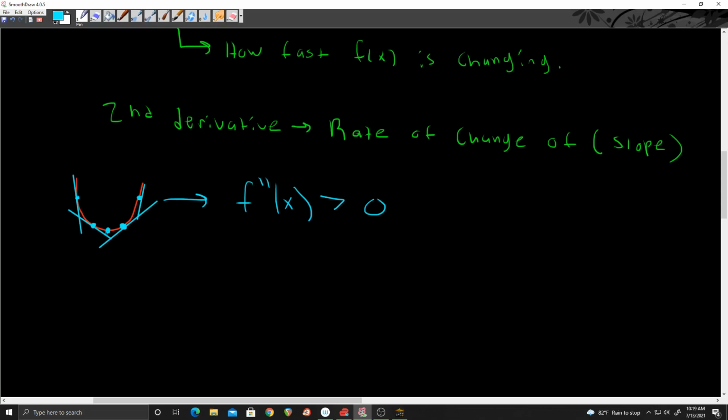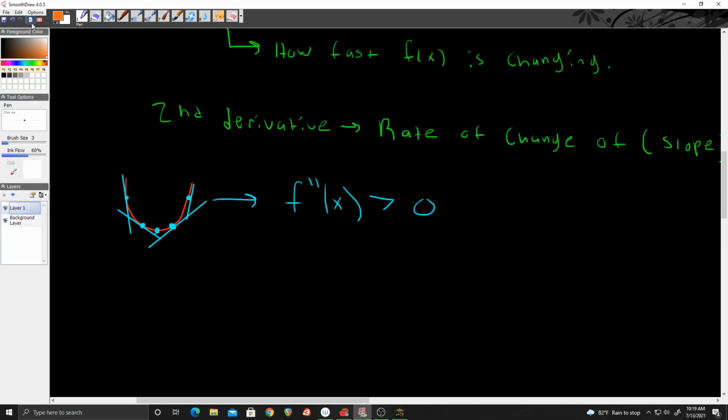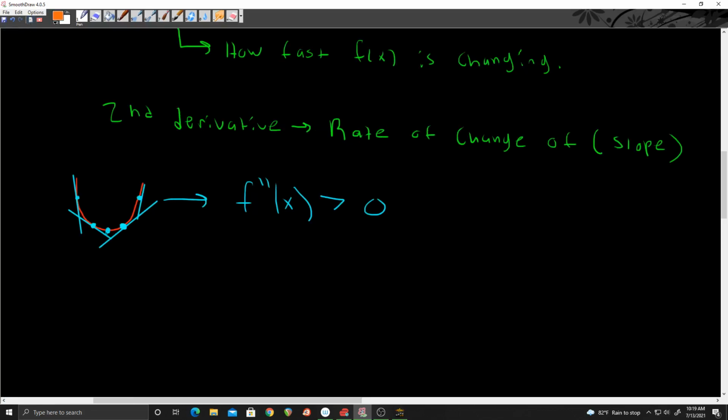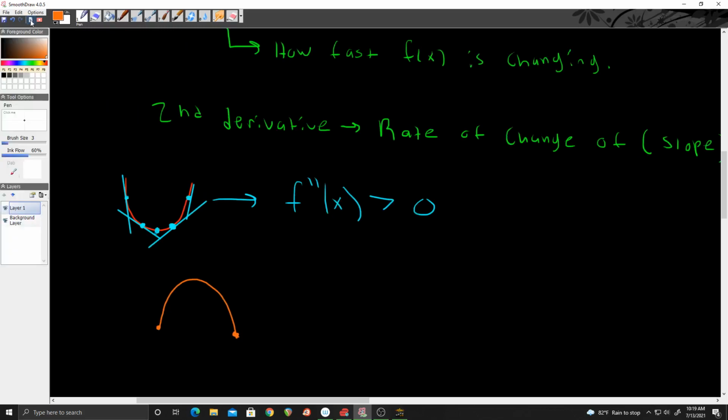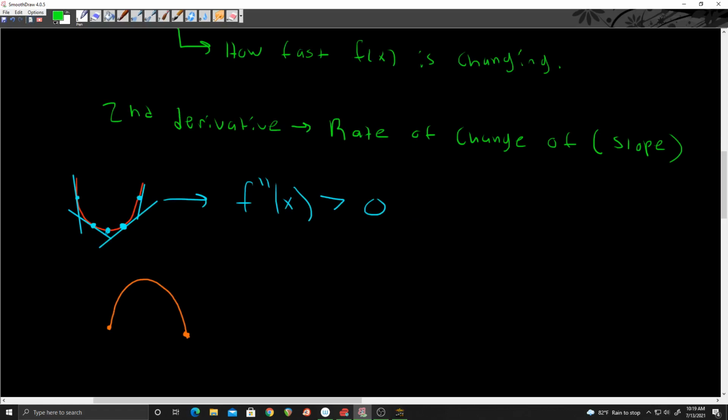Likewise, if we look at the opposite situation, if we have a curve like this, we can ask the same question: what is happening to the slope as we go from left to right? As we can see here, super to the left, the slope is extremely positive.